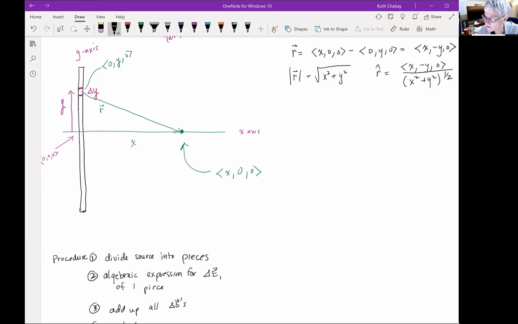And so now we can write this algebraic expression for the field of our special piece here. So we have delta E is equal to 1 over 4 pi epsilon 0 times the amount of charge on one piece, we're going to call that delta Q for now, over the magnitude of r squared, so that's x squared plus y squared, times r hat, which is x, negative y0 divided by x squared plus y squared to the 1/2.